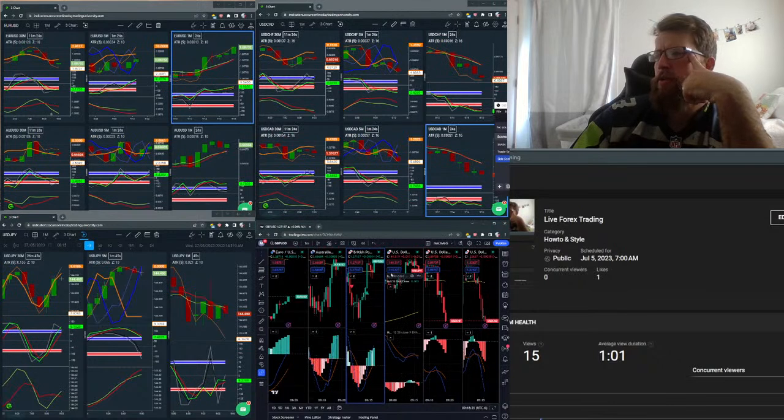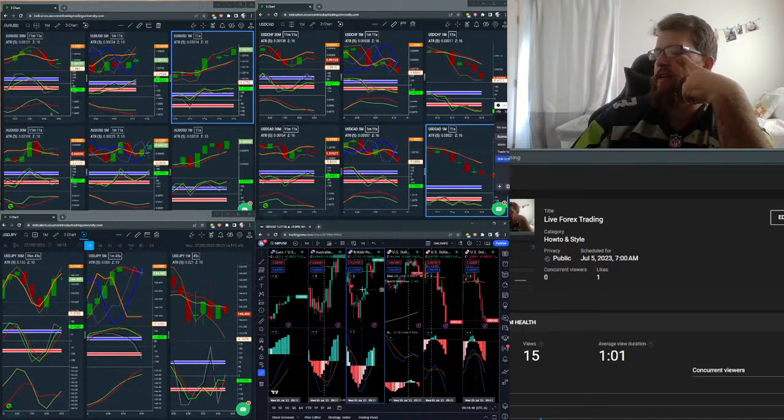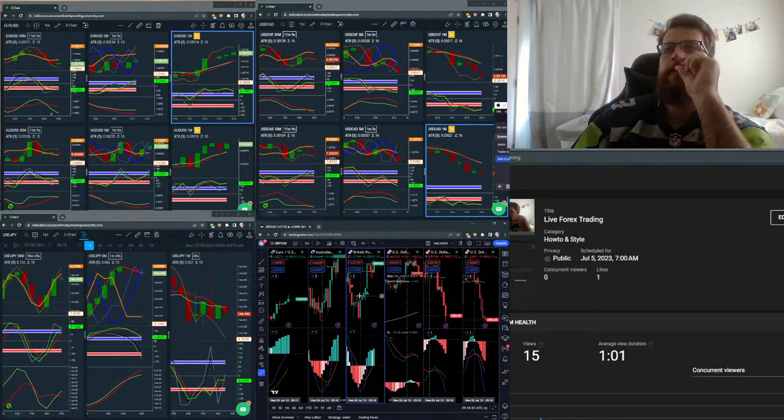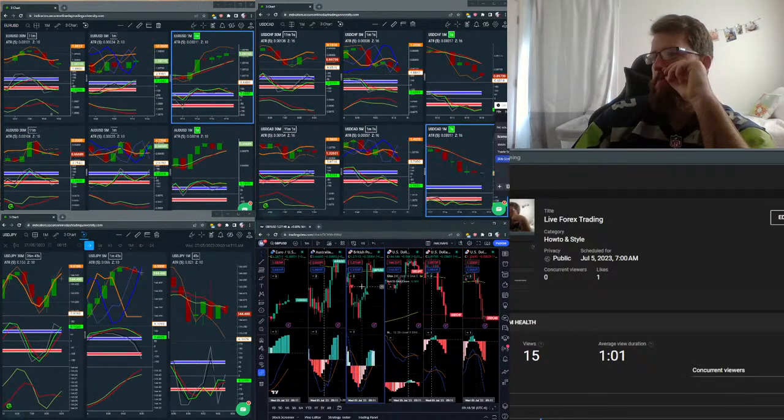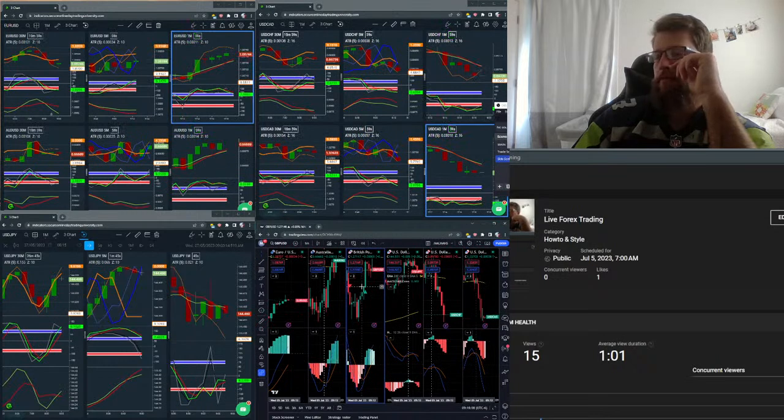But then you gotta ask, okay, well, how long? How far away does the price action need to be away from that EMA to still be considered a valid trade? And then you might think, well, what if I just added another EMA? And as long as those are in the right order, then it should be valid.